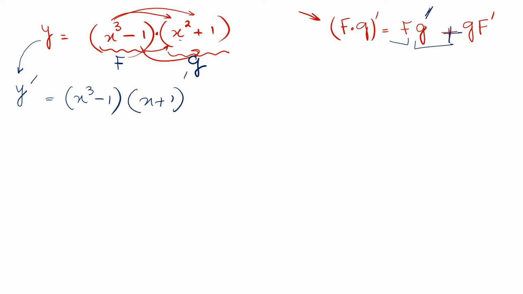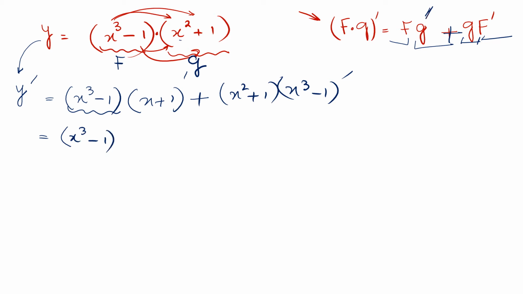Then there is a positive sign in the formula. You write it. And then it is written as g. G means x squared plus 1 is your g. And f prime is x cube minus 1 with whole prime. Now here in the first term, x cube minus 1, there is no prime anywhere, so you just copy it as it is.